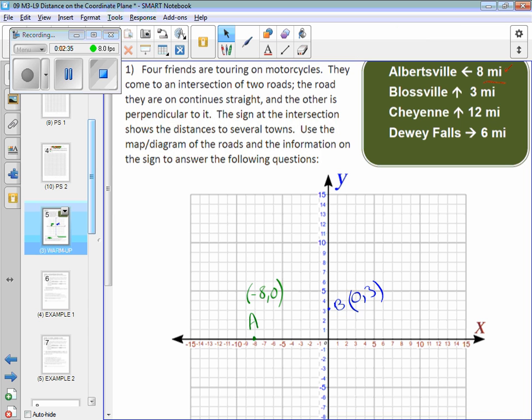Cheyenne. Shane. Give it the letter C, Shane. And now the coordinates. Excellent. Dewey Falls.